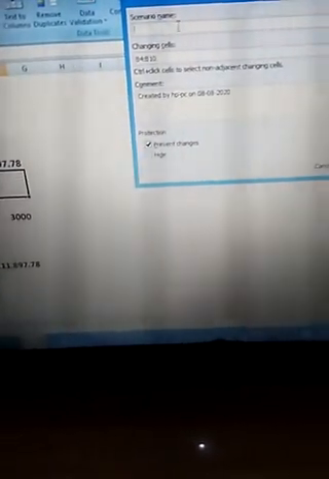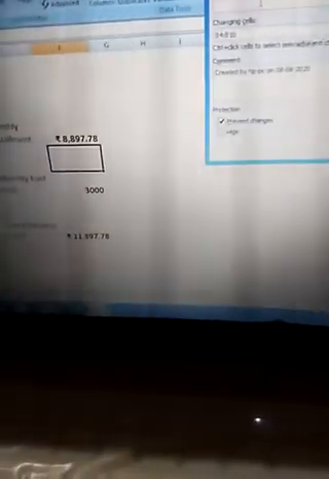So I add the name, suppose scenario name 6 year. Now after that, click on OK. Then you will see the values appear.